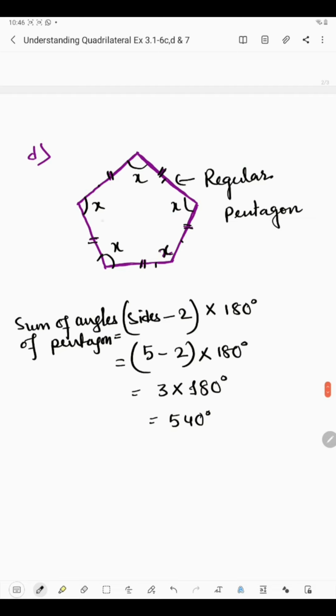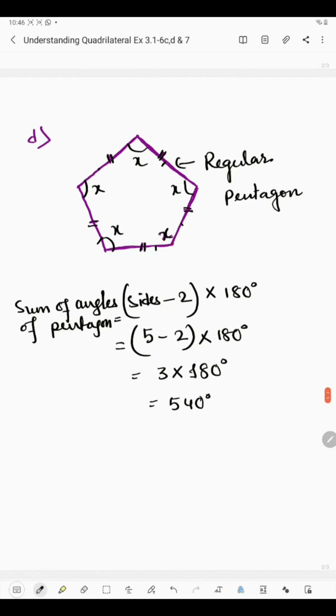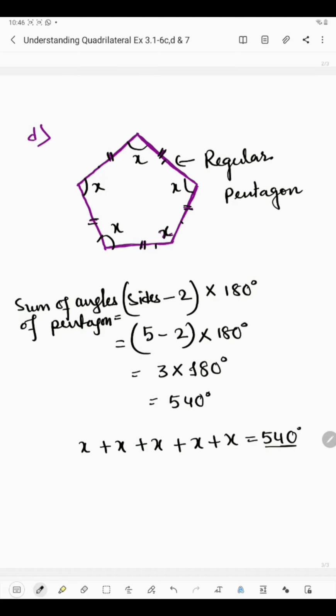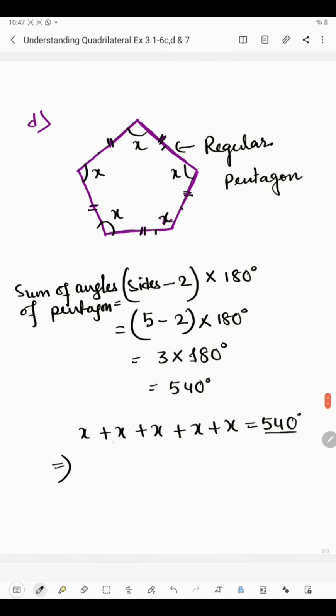So since all the angles are x here, x plus x plus x plus x plus x is equal to 540 degrees, because the sum of all the angles of a pentagon is 540 degrees. Now since there is 5x, 5 into x is equal to 540 degrees.